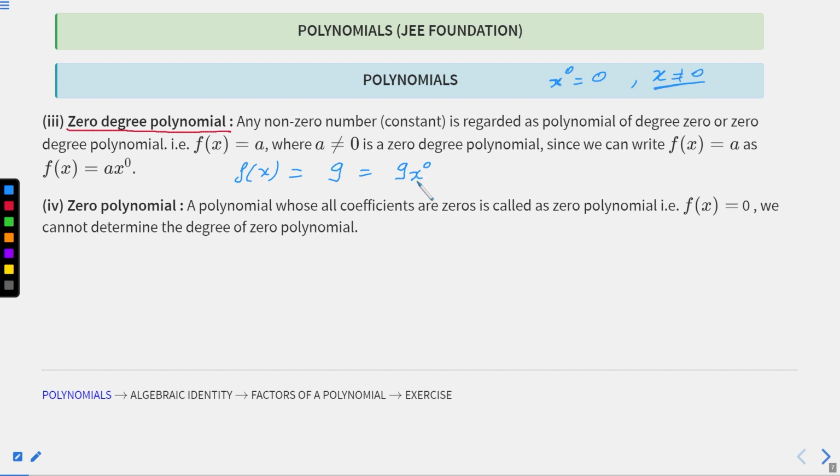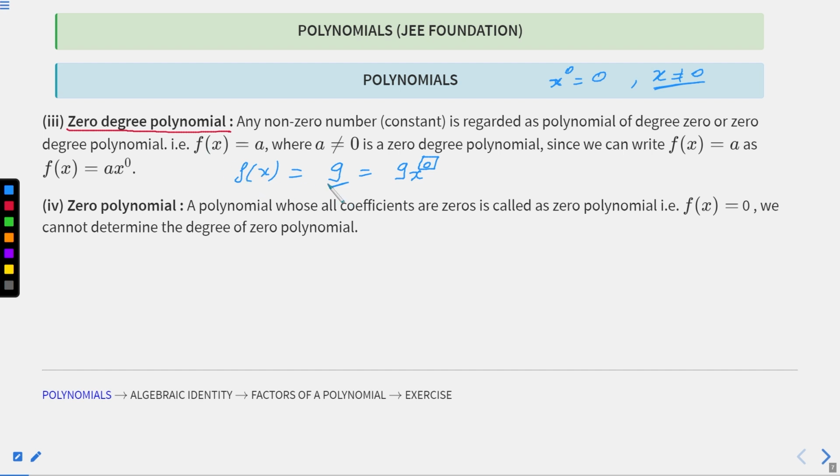So here I am taking x not equal to 0. So 9 x power 0 means just 9, and this means the degree of this is 0. So this is an example of a zero degree polynomial.